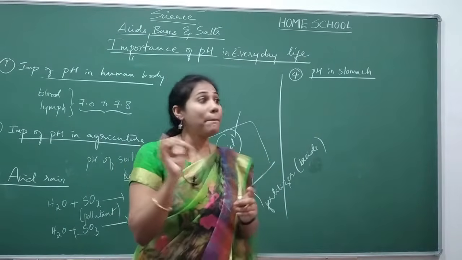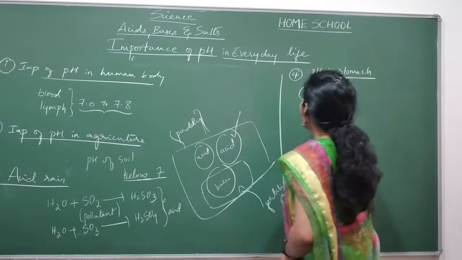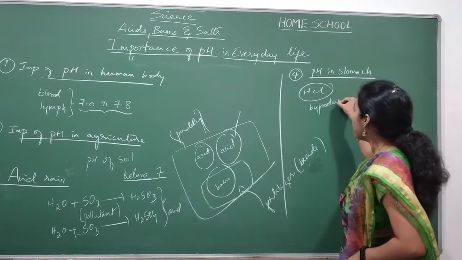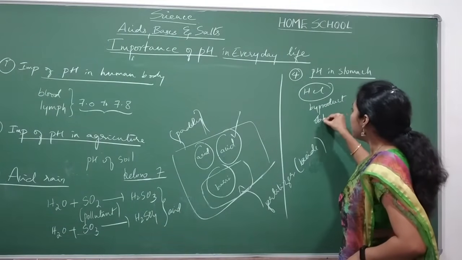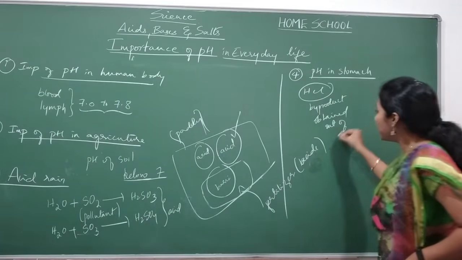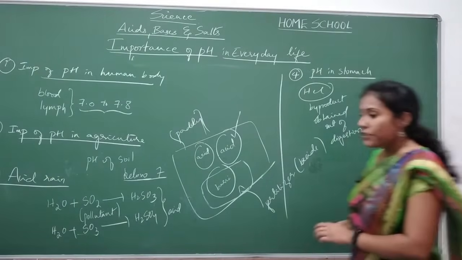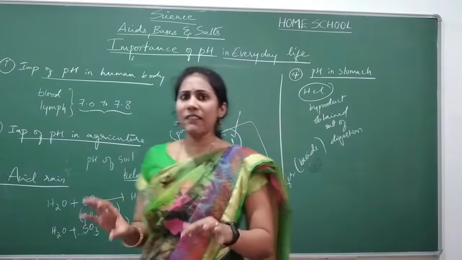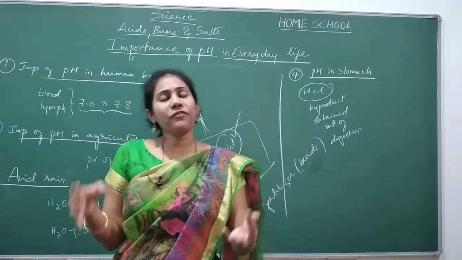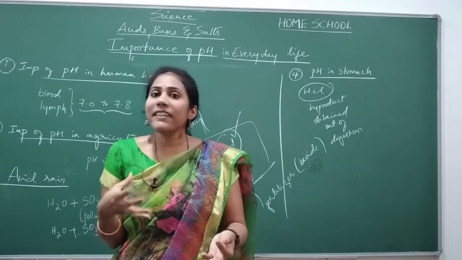And the byproduct is HCl. HCl is the byproduct obtained out of digestion. So naturally HCl will be there in the stomach, because in the stomach itself digestion is taking place, so naturally HCl liquid would be created.